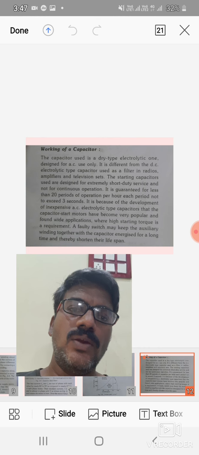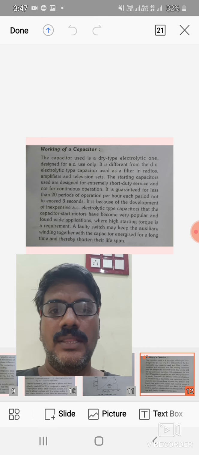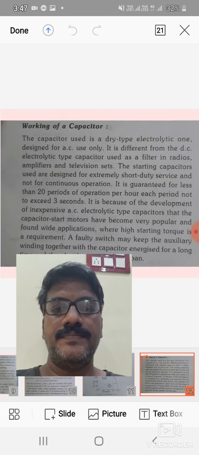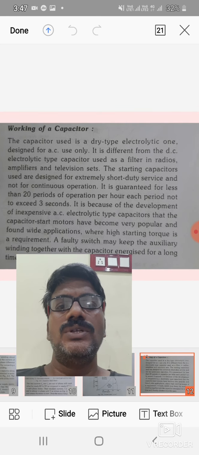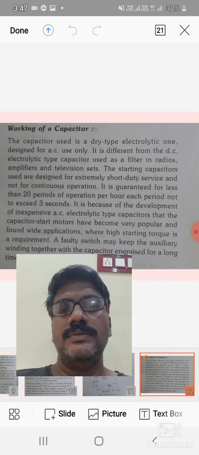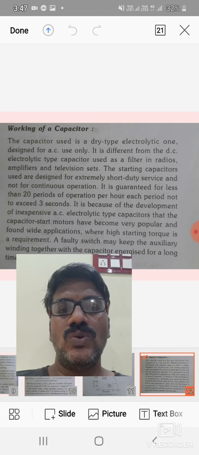What is the main working of the capacitor in the capacitor start motor? The capacitor used is a dry type electrolytic one, designed for AC use only.